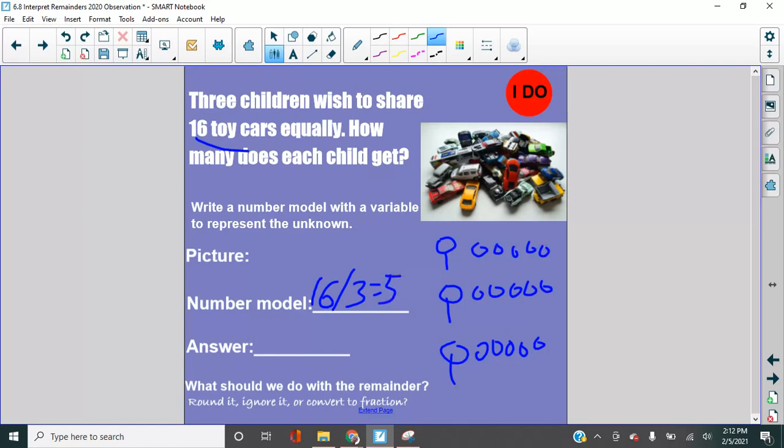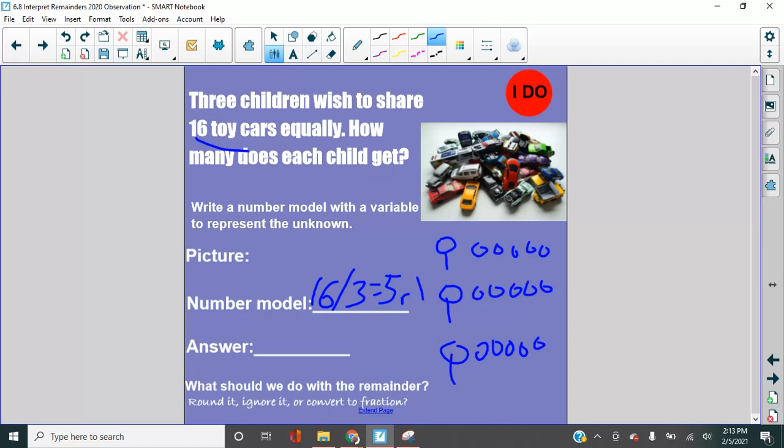There's 5 remainder 1. But what would we do with the remainder? If you had an extra car, imagine that. You're these kids' mom or dad. You're dividing up their cars. You have 1 extra. What are you going to really do with the extra? You're not going to give it to one of the kids because then the other 2 are going to scream and cry, right? What are you going to do with the extra?